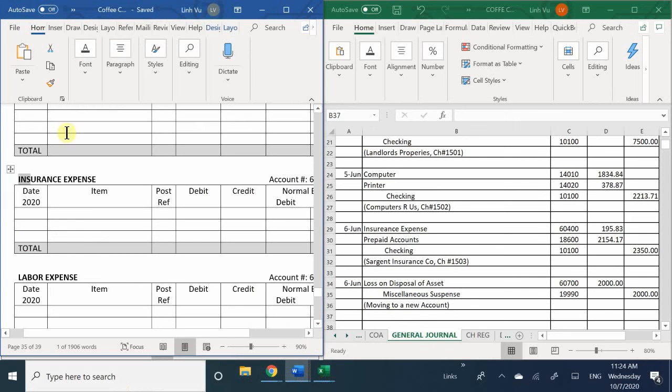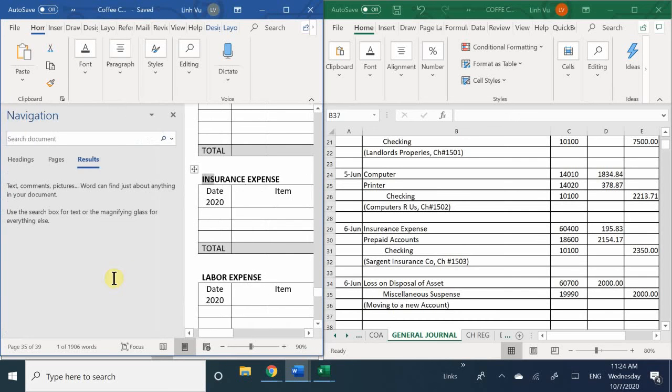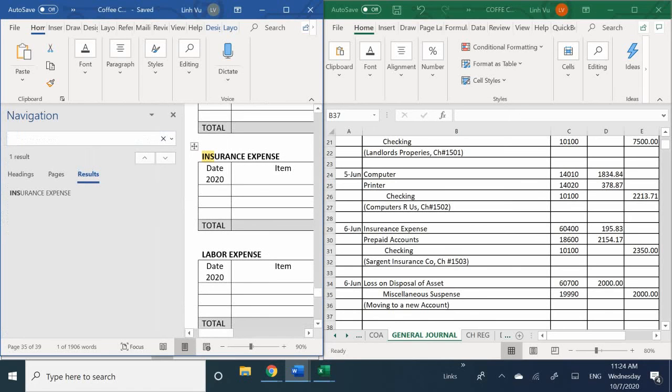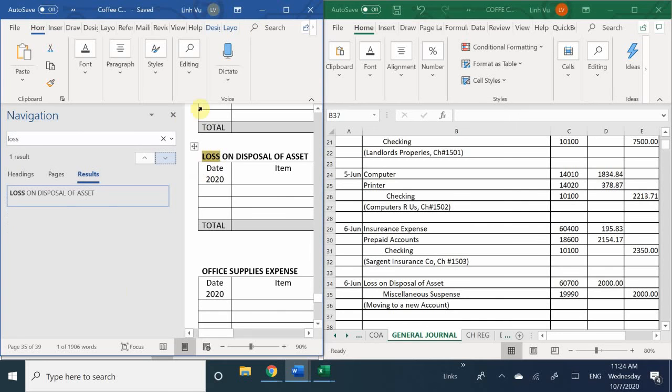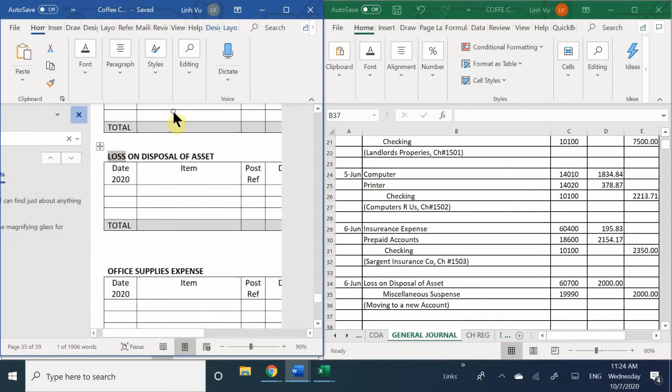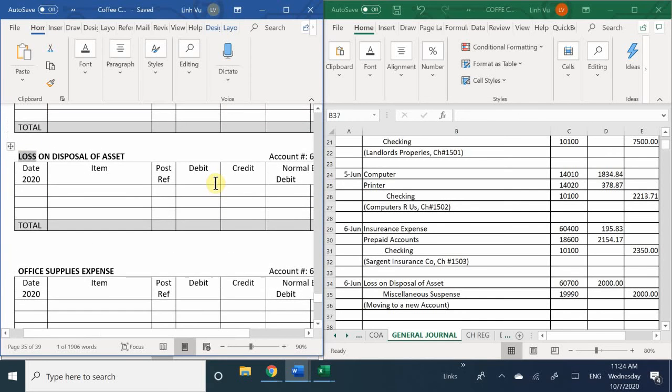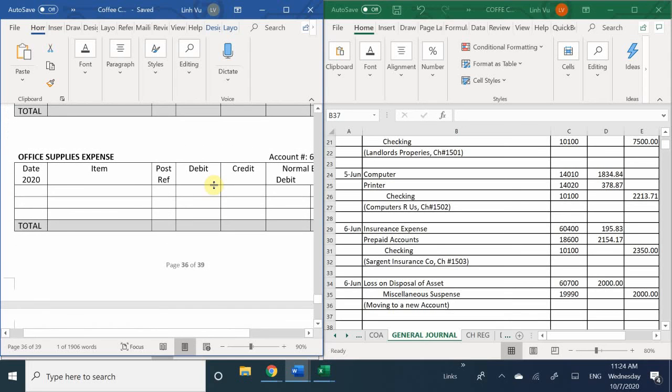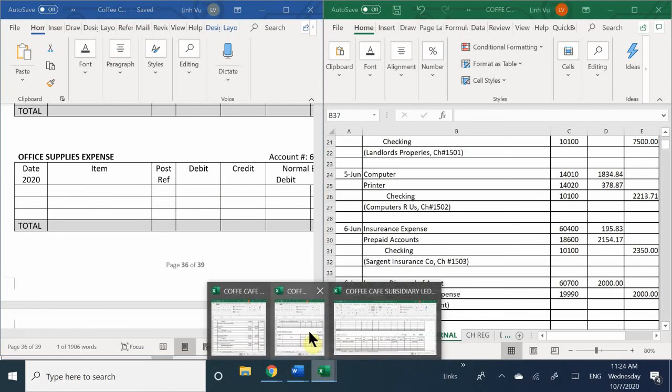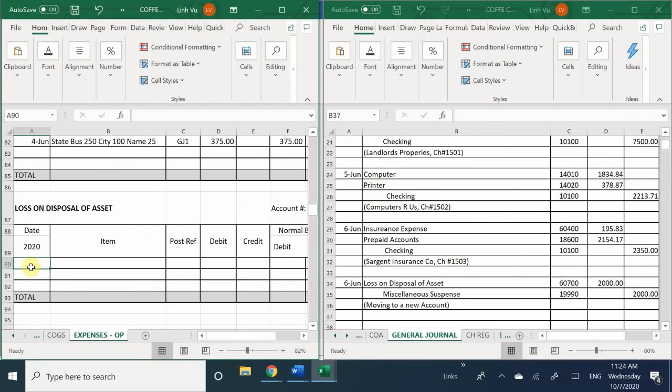Okay, so for the Word document, we're going to look up loss. Here it is. You're going to find the loss on disposal of asset on page 36.